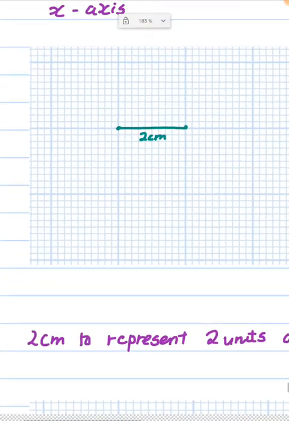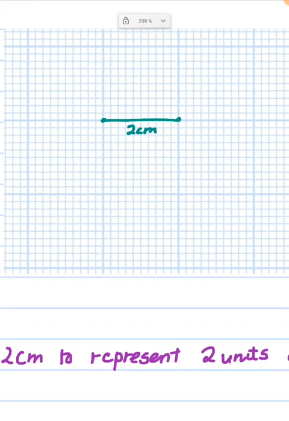So what it means is that 2 centimeters from here to the other point is representing what? 5 units, right? So let's say this point is 5, then from 5, the next point after 2 centimeters will be equal to 10.